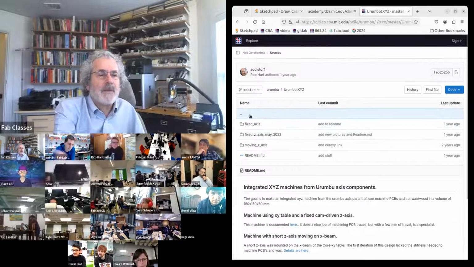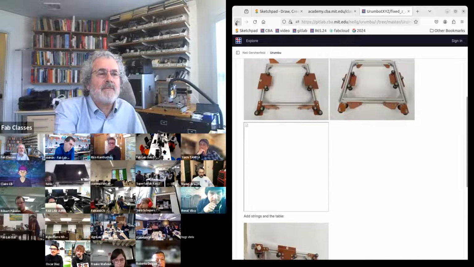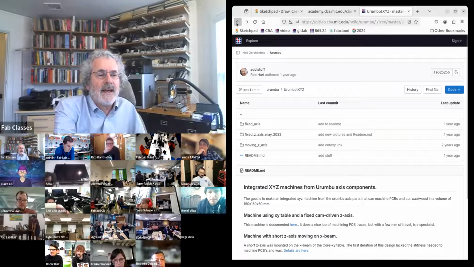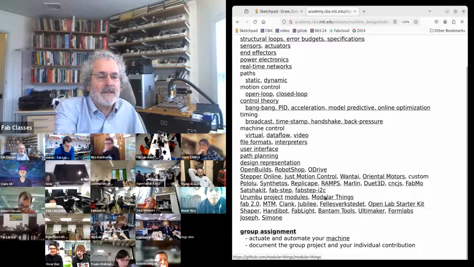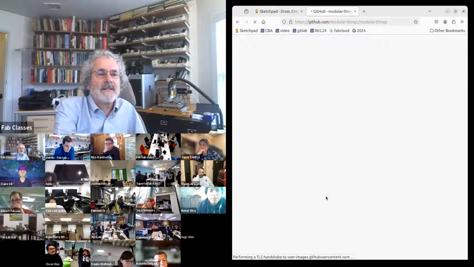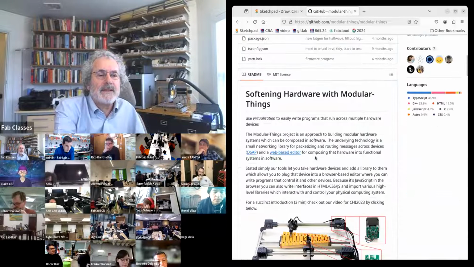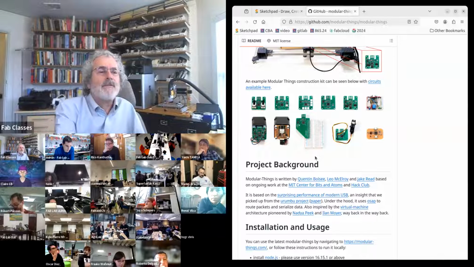So this was making multi-axis machines. And so Rumbu is the simplest of all of these. Then that inspired the Modular Things project. And so Modular Things is a little bit, so in Rumbu, there's no information at all.